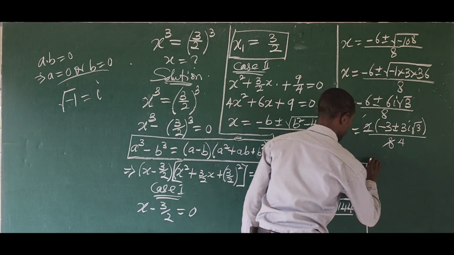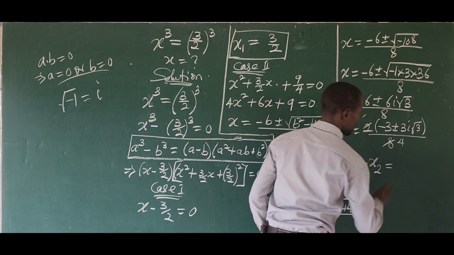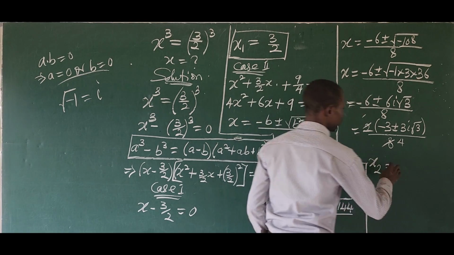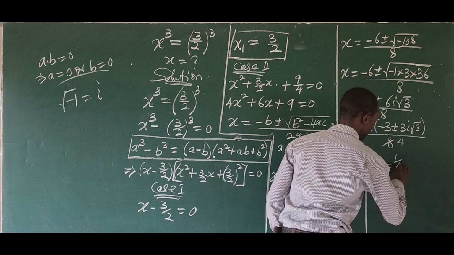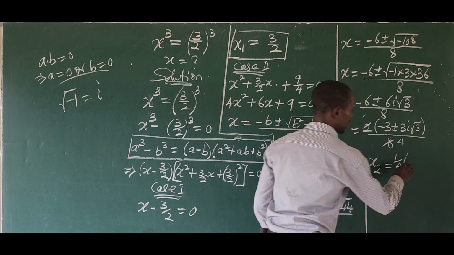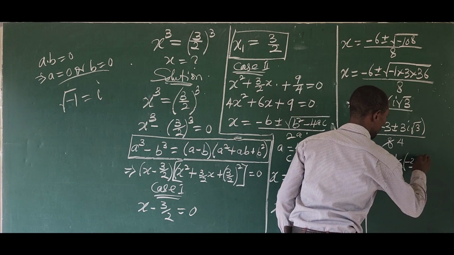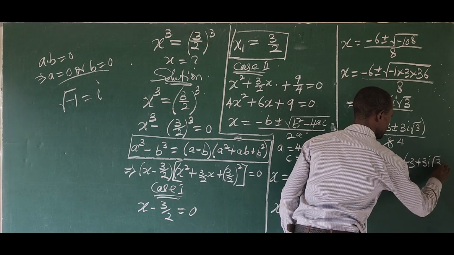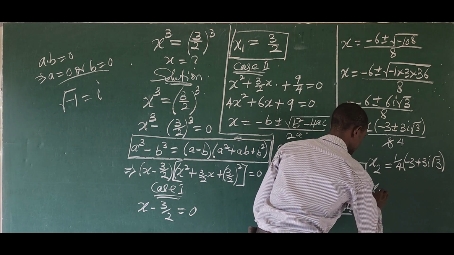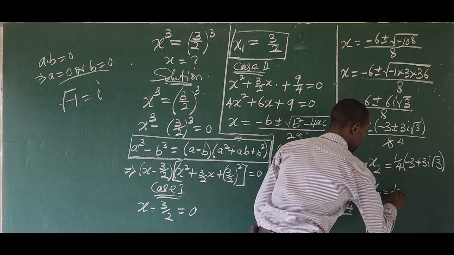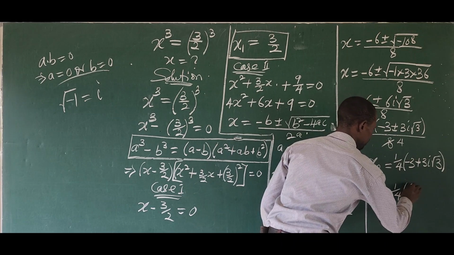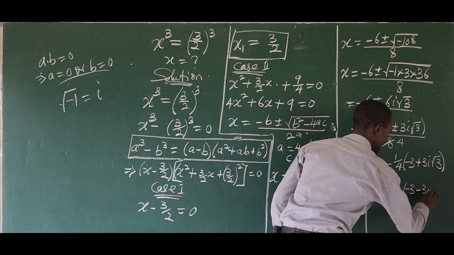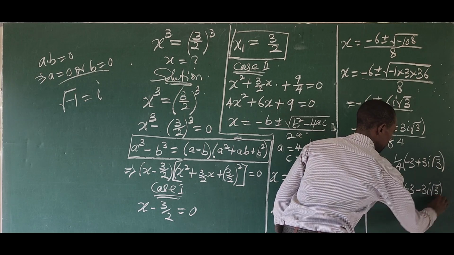So x2 is equal to 1 all over 4 bracket minus 3 plus 3 iota root 3, and x3 is equal to 1 all over 4 bracket minus 3 minus 3 iota root 3.